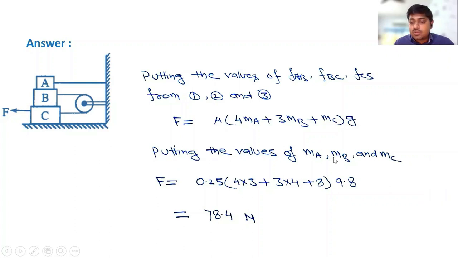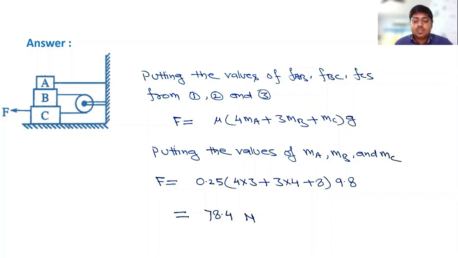So putting the given values of all the masses and the value of g, that is 9.8, and the coefficient of sliding friction, that is 0.25, we can put all these values in this relation, and it comes out to be like this. After solving this simple relation, we will get F is equal to 78.4 Newton.